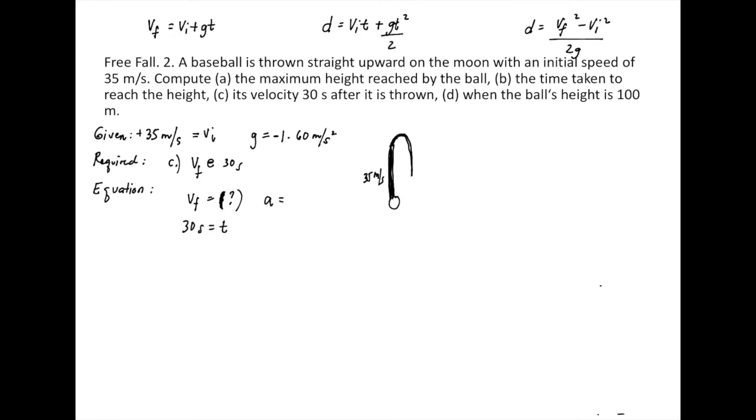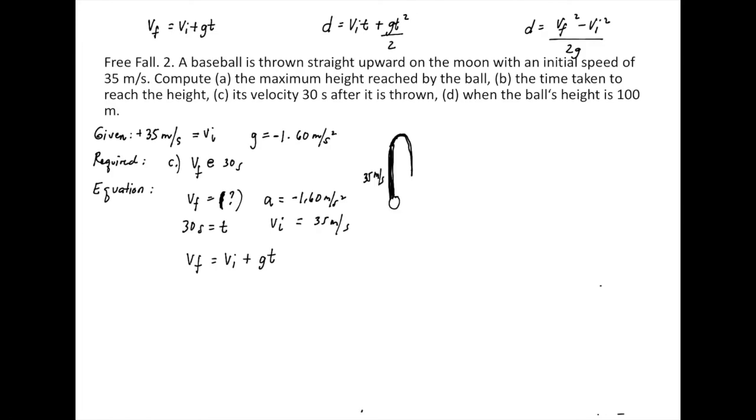We have the acceleration, which is negative 1.60 meter per second square, and the initial velocity, which is 35 meter per second. Therefore, the best equation to use is equation number 1, Vf is equals to Vi plus Gt.